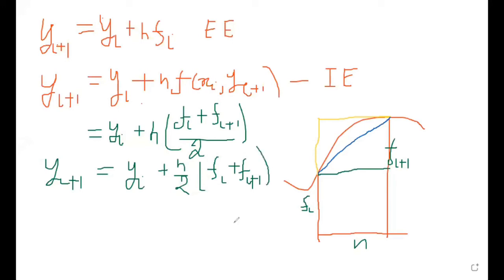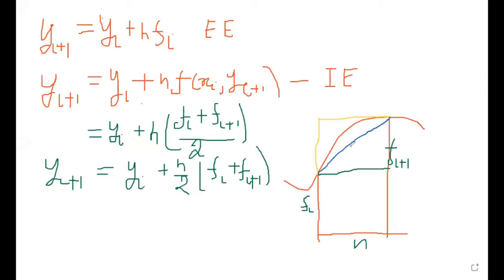This is the area of the trapezium, and the formula we get in that way is known as the trapezoidal rule.